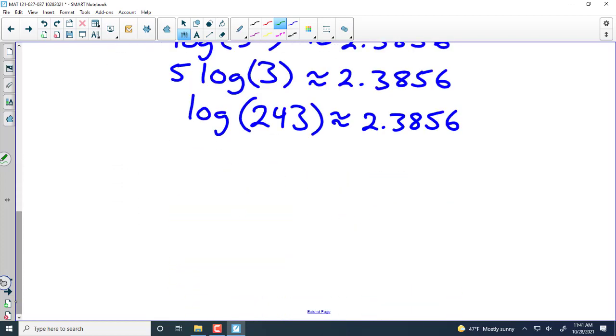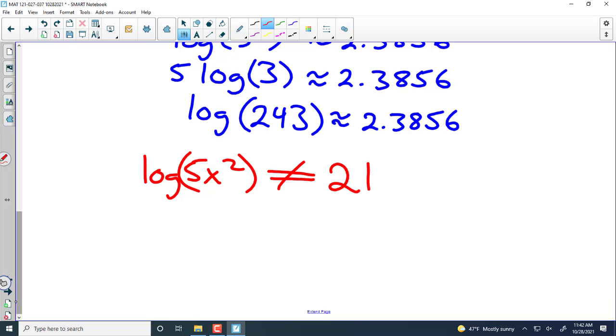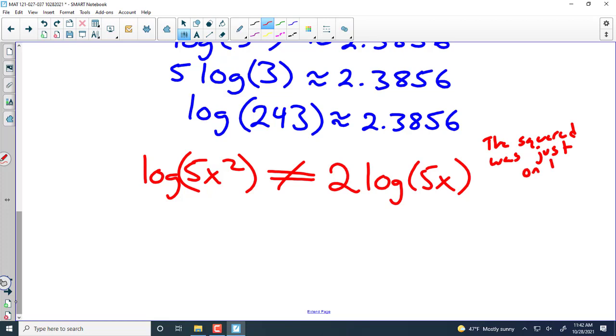Here's something you cannot do, because the squared was not on the 5x, it was just on the x. That's why you can't do that. This one you can do.